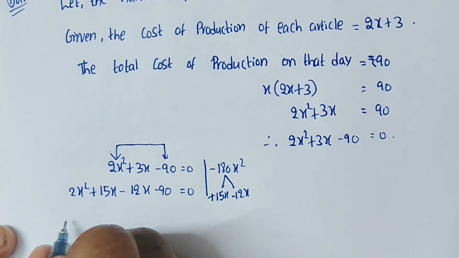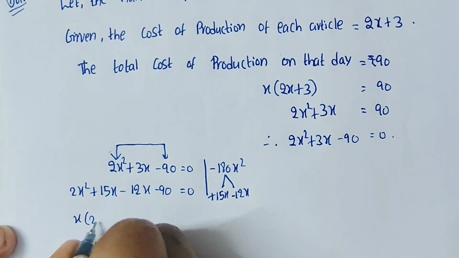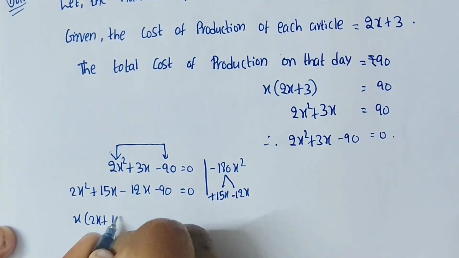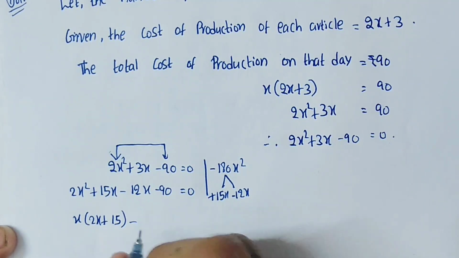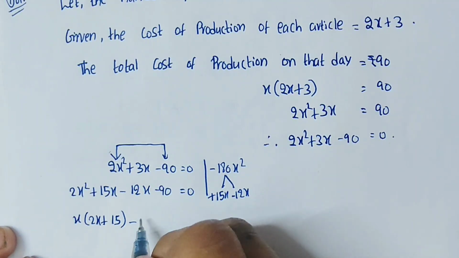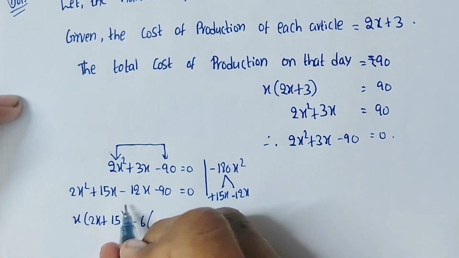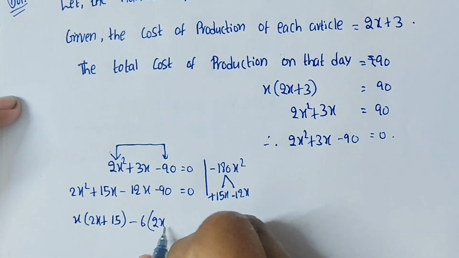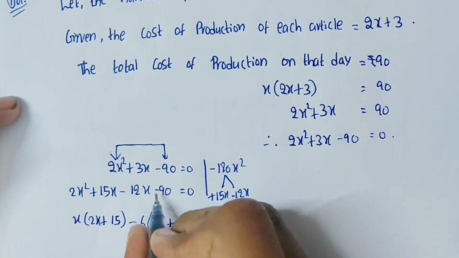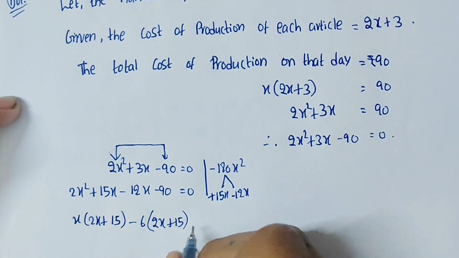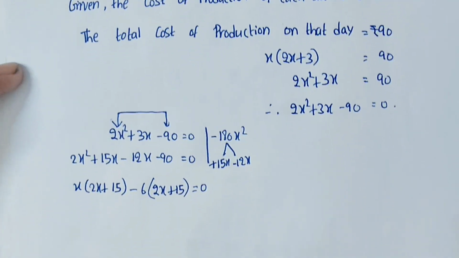In this, the common factor is x. x into 2x is 2x square, plus x into 15 is 15x. Now here, taking minus 6 common: minus 6 into 2x is minus 12x, minus 6 into 15 is minus 90, equals 0.